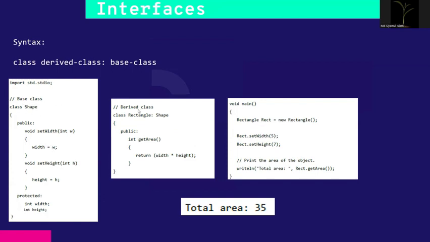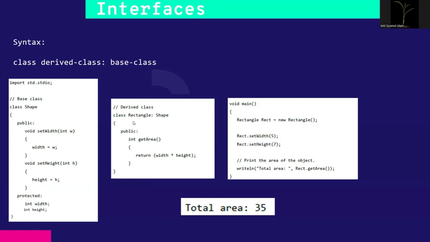This is the base class and this is the derived class. In the base class, we have declared a shape class. It has two functions, set width and set height, and the variables are protected.